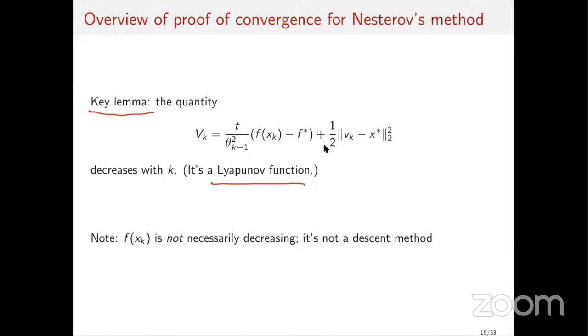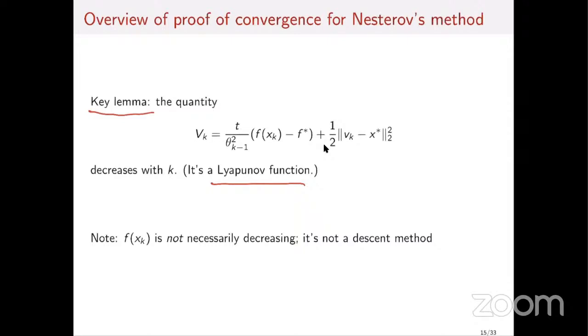In this case, this Lyapunov function is something that Nesterov came up with, and it's a certain combination of the distance from optimum in function value, so f of xk minus f star, and a certain distance to optimum, the squared distance, so norm of vk minus x star.